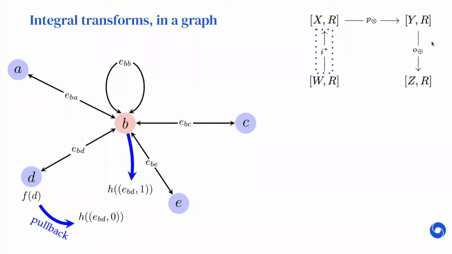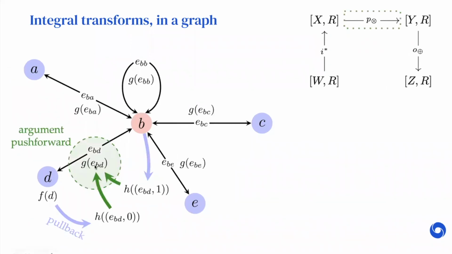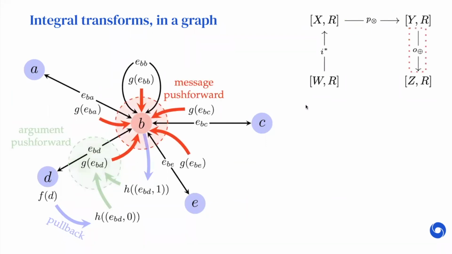Once you have those two arguments, you can compute the message function by pushing it forward into the message space. So here the message space is the space of edges, and you compute the edge messages by reducing these two inputs. And finally, once we've computed in the same way in parallel all the different edge messages, you can now push them forward into the central node to update the representation of the central node.